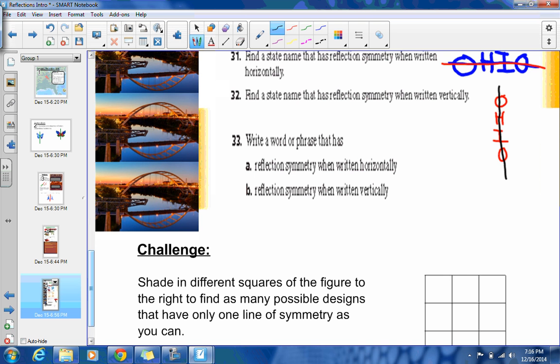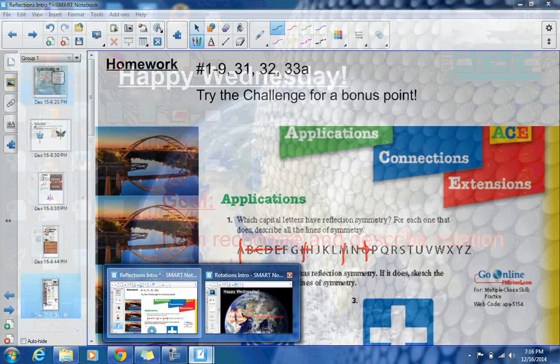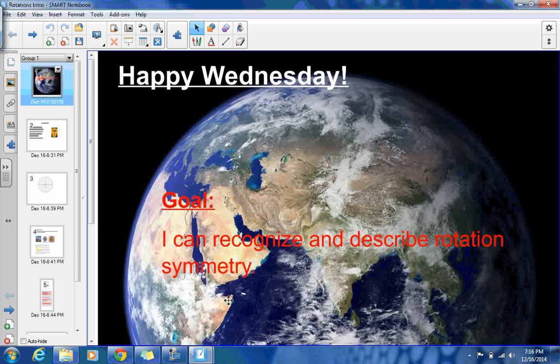And reflection symmetry. And now I want to talk just briefly about the other type of symmetry that I want to touch on, which is rotation symmetry. Now you see rotations a lot in the world. You might not think that rotations are actually a type of symmetry, but rotating wheels, the Earth rotating, technically it doesn't have symmetry because it looks different everywhere on the Earth, but the Earth rotates.